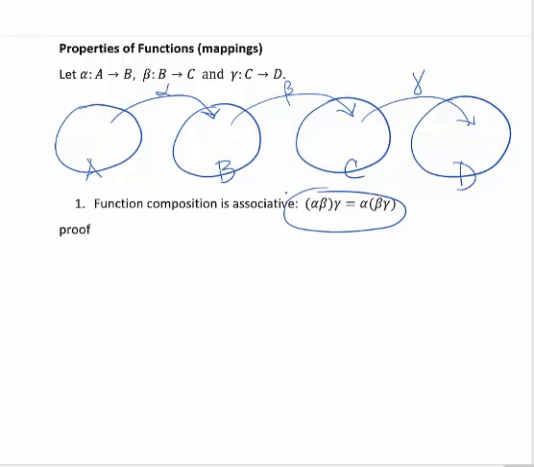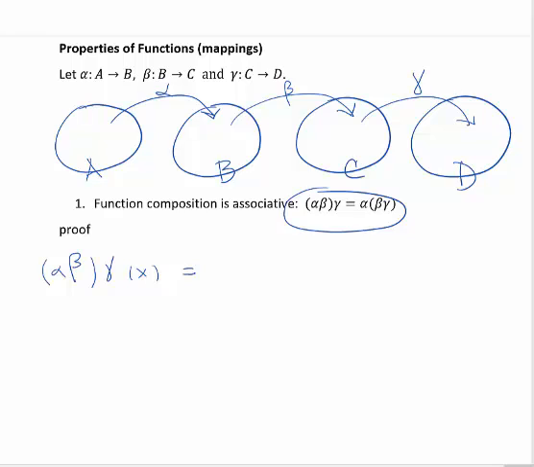So it's a very simple proof, and just watch how I do it, because you have to be so careful. The first one, we're taking alpha, beta, gamma. So apply gamma first, and then alpha, beta. All right, so let's put an X in. And if you want to show two functions are the same, you have to show that they produce the same result.